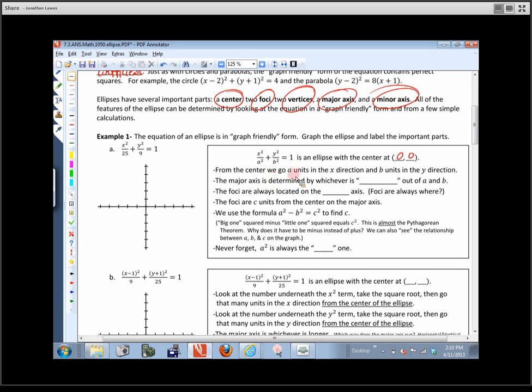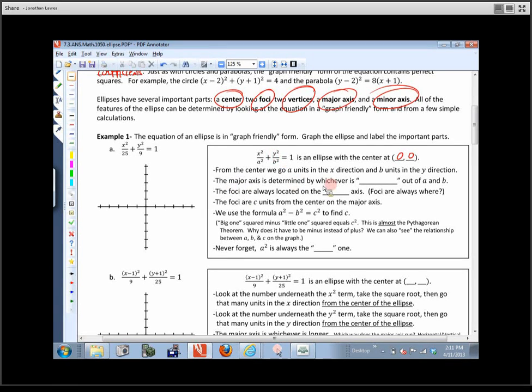From the center, we go A units in the x direction. Here's why. Find the variable you want, in this case x. Underneath it is an a squared. Take the square root of that. That's how far you go in that direction. Okay? If we looked underneath the y, it's got a b squared. So we're going to go the square root of that in each direction. So that would just be b in each direction.